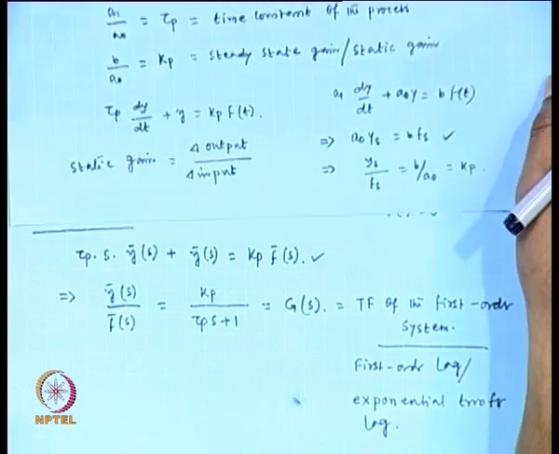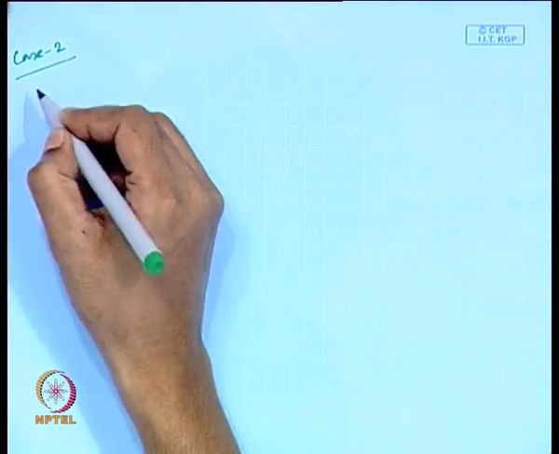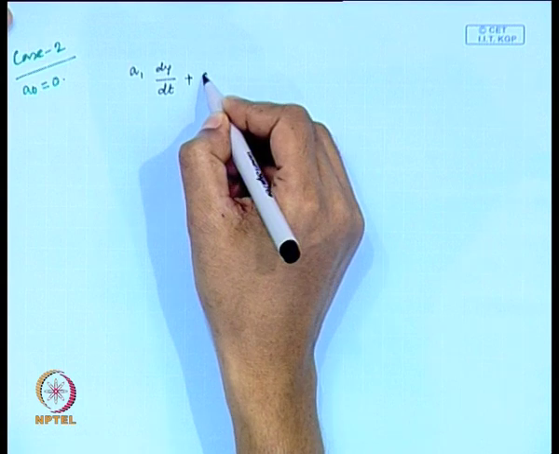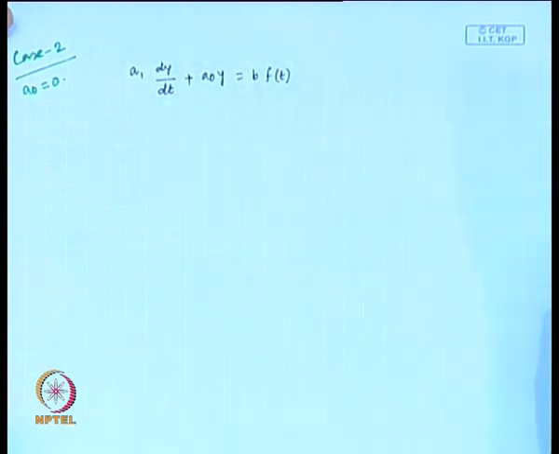So, in the first case we have considered A naught not equal to 0. In the next case we will consider A naught equal to 0. Our original equation is A 1 dy dt plus A naught y equal to b f t. This is the original equation.